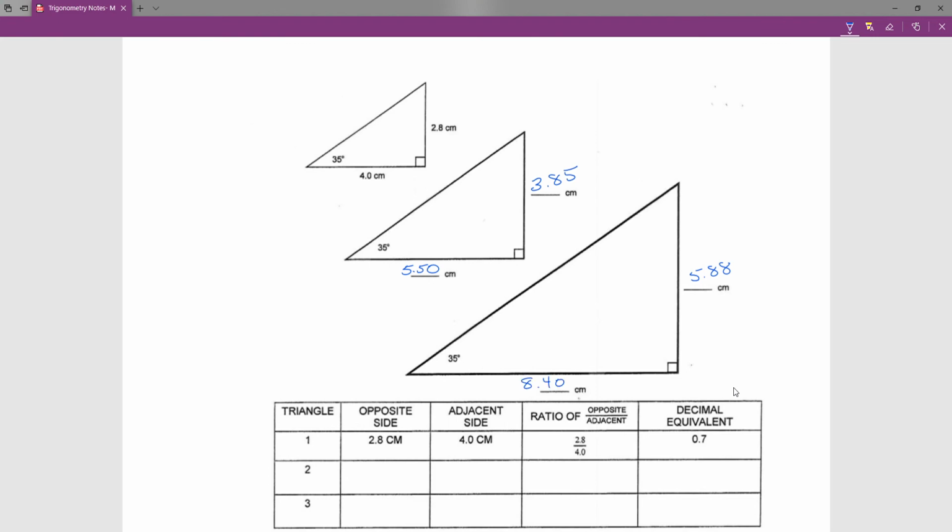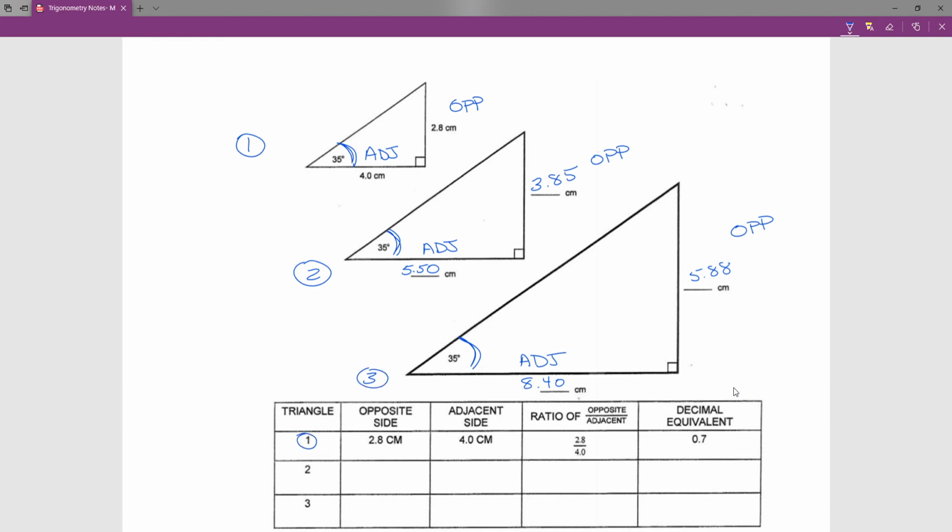And so in these ones, if I were to put these into the chart here, if I were to use this as my reference angle in all of them, that makes this side opposite, right, on all of them, and this side adjacent because it is beside my reference angle, or my target angle, sometimes I call it. Okay, so we're going to fill in the sides, or fill in the information. So this is triangle 1, this is triangle 2, and triangle 3.